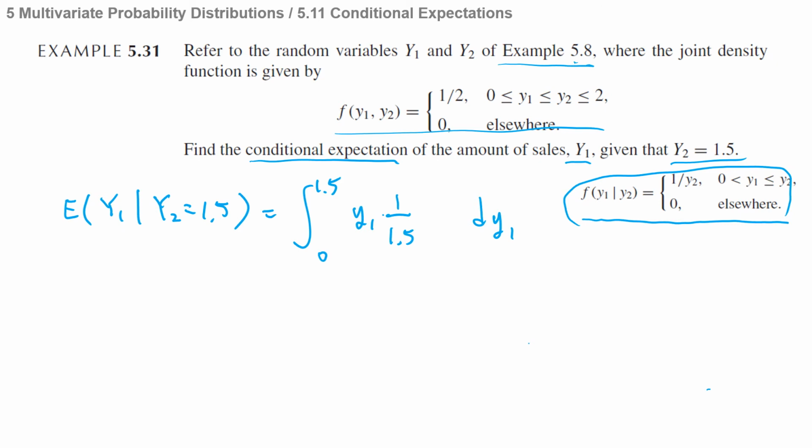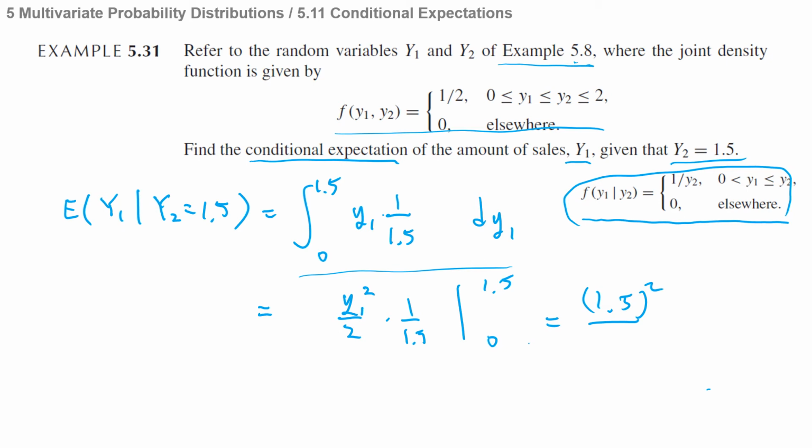So this is the conditional expectation, and here this is y1 squared over 2 times 1 over 1.5, with y1 from 0 to 1.5, which is 1.5 squared over 2 times 1.5, and this is 1.5 over 2, which is 0.75. Okay.